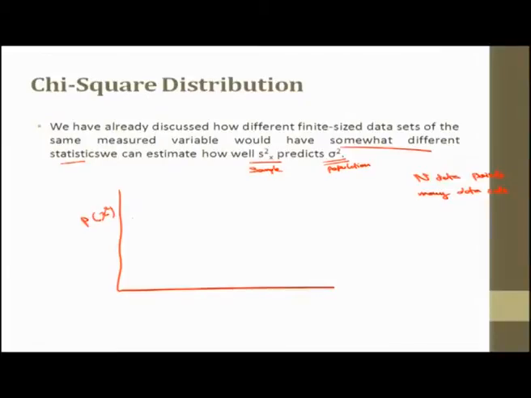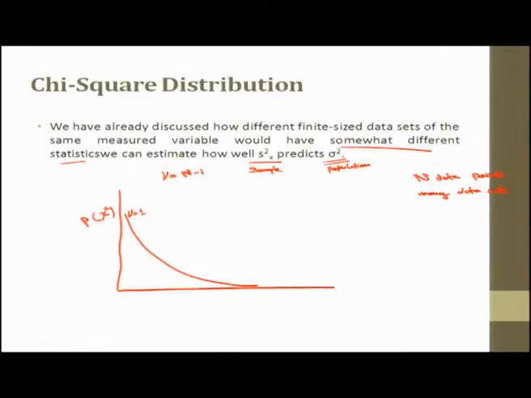Degrees of freedom is actually, when we have n data points in the data sets, v equal to n minus 1. When this n minus 1 value is 1, the distribution is somewhat like this. This is for v equal to 1.